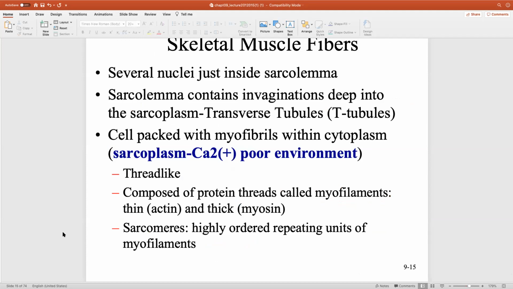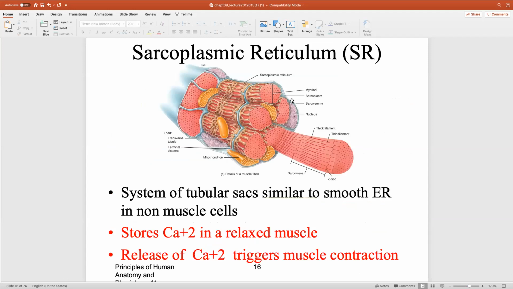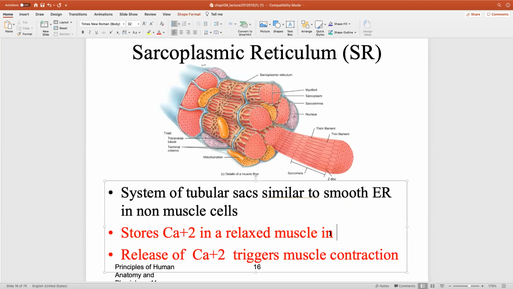Right. So this kind of reviews what I mentioned, some of the differences between a normal cell and the skeletal muscle cell. One of them was the sarcoplasmic reticulum, only found in muscle cells. The sarcoplasmic reticulum stores calcium in its terminal cistern. I'm going to just write this in.